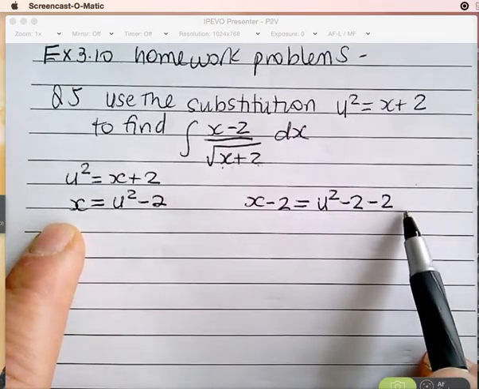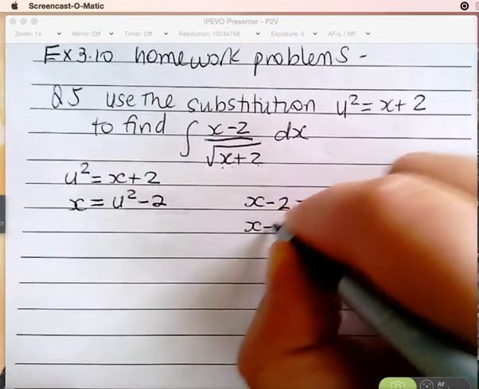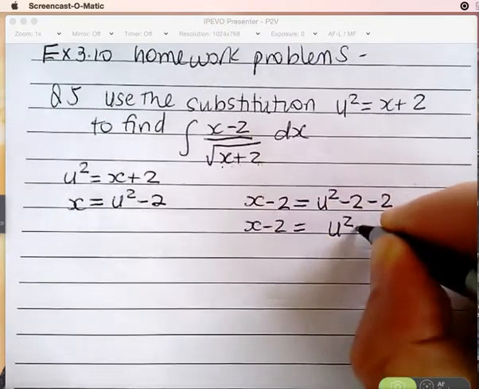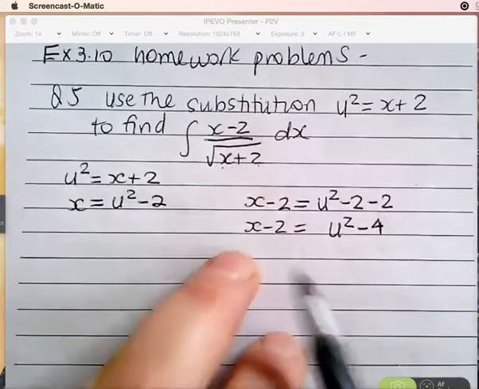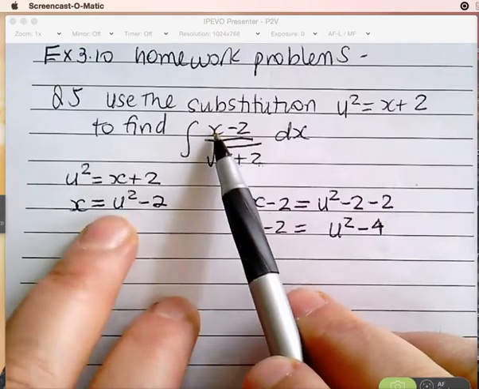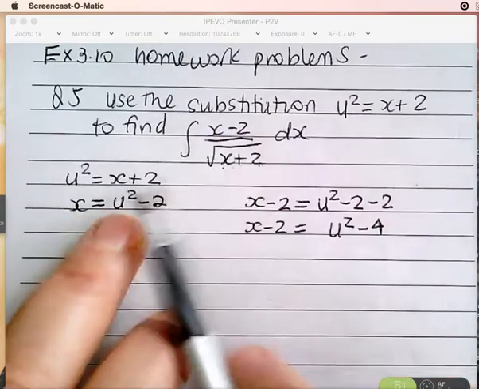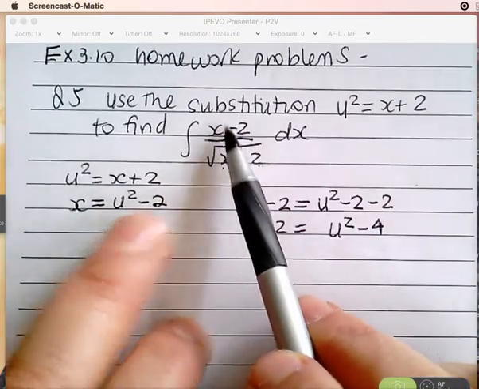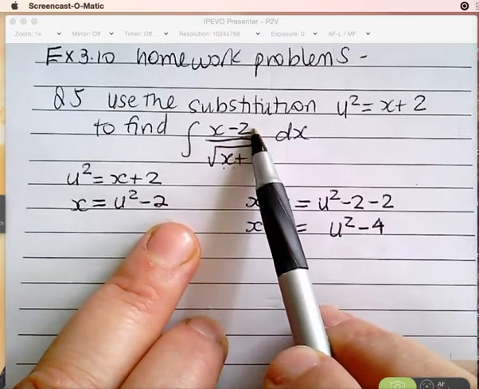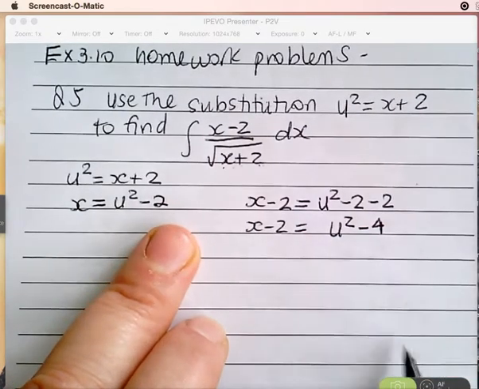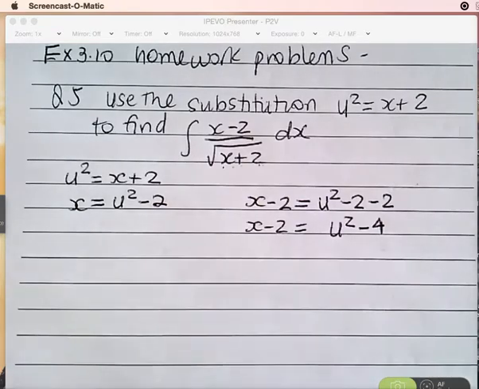Does that make sense? So therefore, x minus 2 is u squared minus 4. Or you could just put in that x is u squared minus 2 here, and you still got another minus 2, and you'll get u squared minus 4 anyway. So you can do it either way.